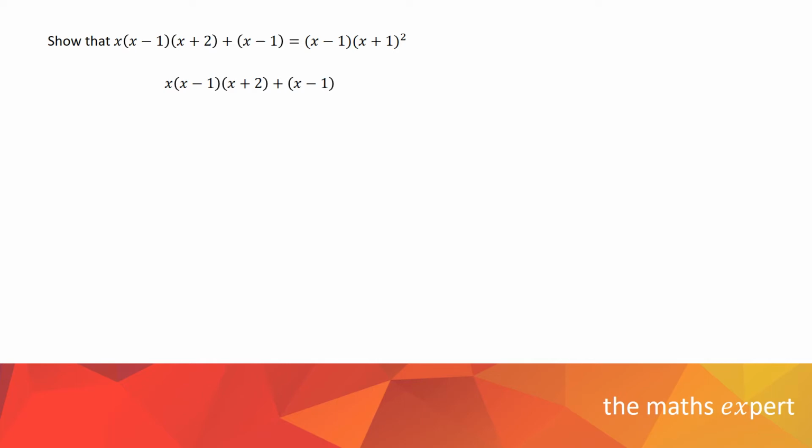We are starting with the left-hand side, which is two separate expressions, both with x minus 1 as a factor, and we want to head towards a single expression. Therefore, it makes logical sense to factorize the x minus 1 out. I can then expand inside the second bracket and factorize again to get the right-hand side.